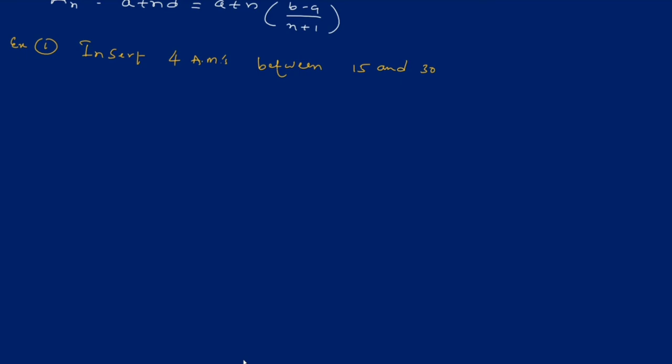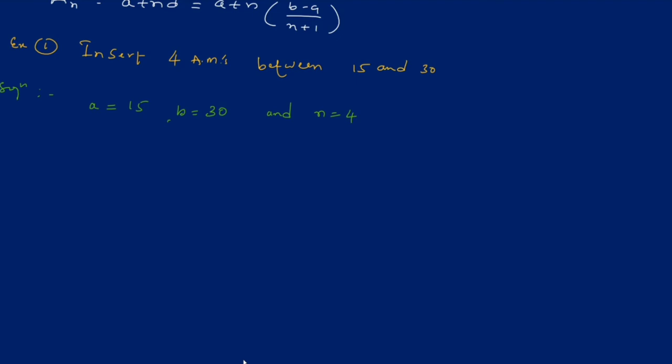Solution: let's see. Here a equals 15, b equals 30, and n equals 4, right? The value of a is 15, the value of b is 30, and the value of n is 4 arithmetic means.